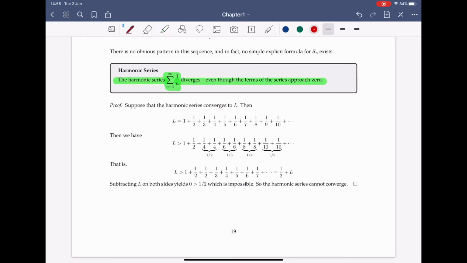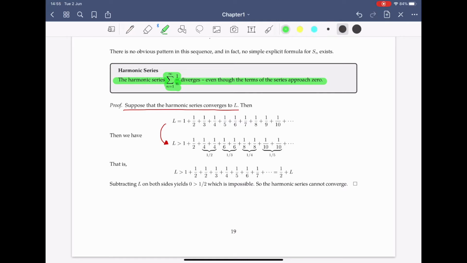So you can see that if we assume that the harmonic series converges to a real number L, then we have L equals 1 plus 1/2 plus 1/3 plus 1/4 and so on. In the next line, I am going to start doing an inequality.